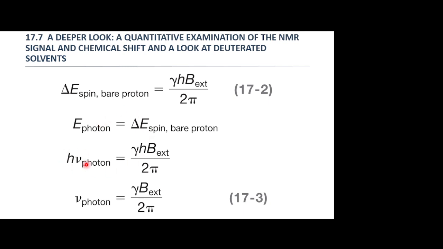It ends up being the energy equals Planck's constant times the frequency of that light. And so we've just substituted that in here. You can notice we can simplify this by dividing over H because we can cancel on both sides. So we take the frequency of the photon, that equals the gyromagnetic ratio times the external magnetic field over 2 pi.